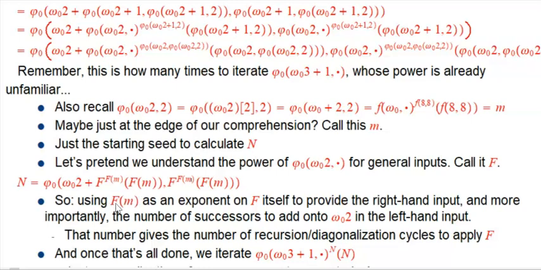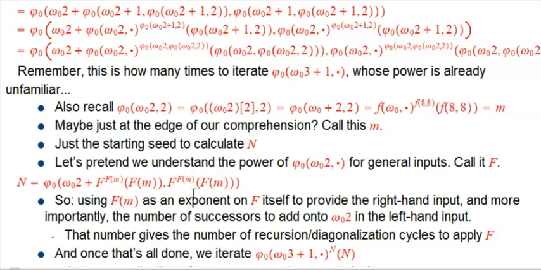And we use that as an iteration exponent on f itself with input f of m. And then that's the input slot. Then in the more sensitive slot, we do the same exact calculation. And that's the number of successors we add on to omega naught 2.